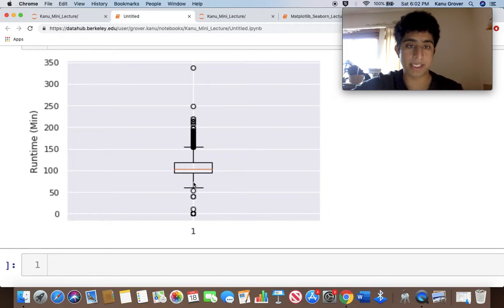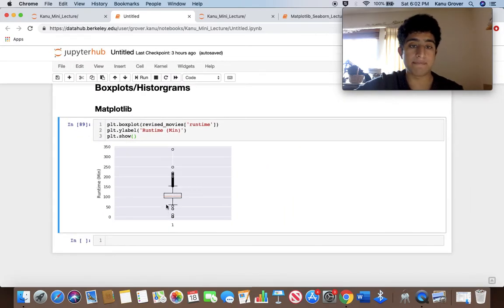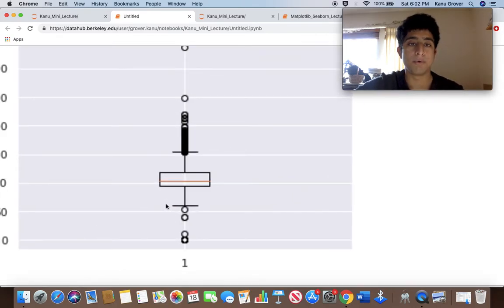below this rectangle. So essentially, all the outliers are represented by these little circles here. So essentially what this graph is telling us is that we have more outliers with a higher runtime than outliers with a lower runtime. So basically, this is saying that movies tended to be longer on average than they did tend to be shorter.